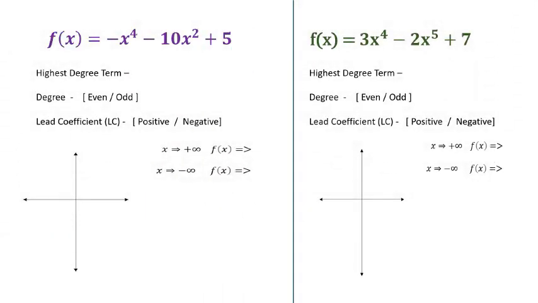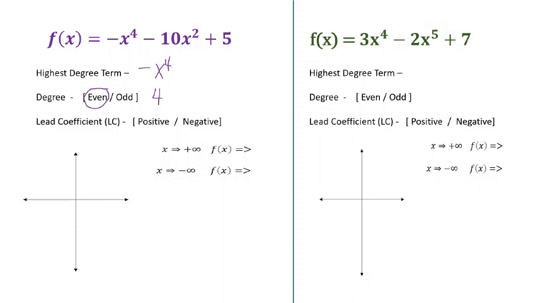Let's try two more problems here. Negative x to the fourth power minus 10x squared plus 5. Our highest degree term is negative x to the fourth power. Our degree is 4, which is an even number.